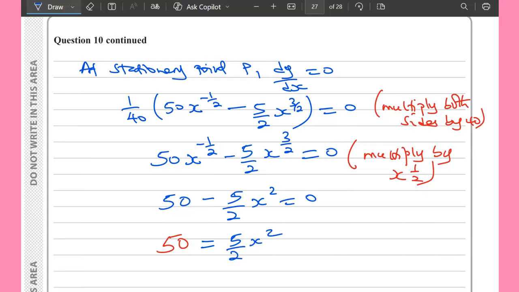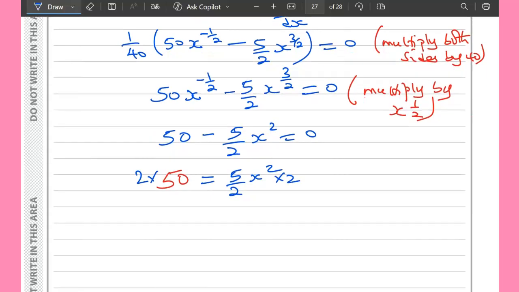Cross multiplying by 2, we have 100 equals 5 x squared.